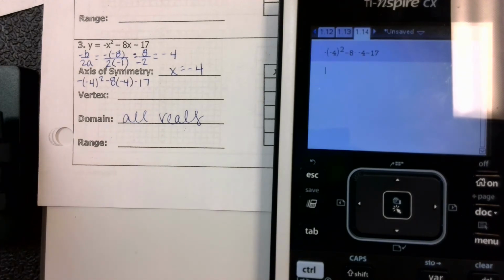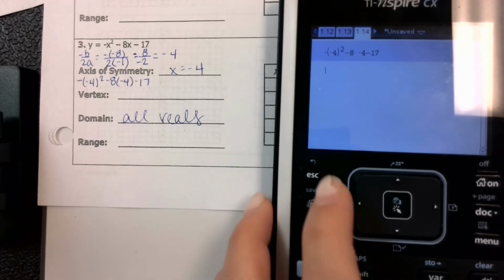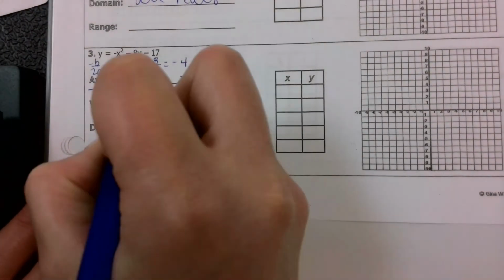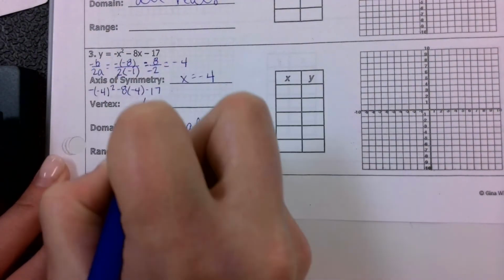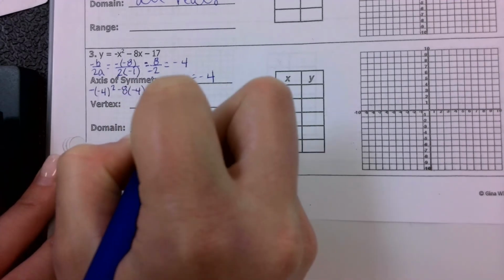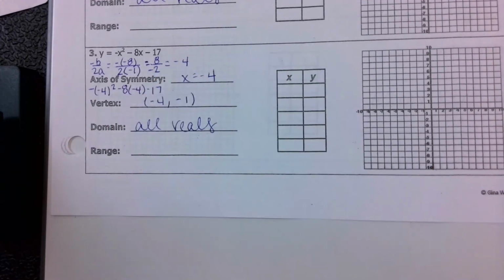What'd you get out? I got negative 1. Is that what y'all got? Yeah? Okay. So how do we write our vertex? Negative 4, negative 1.